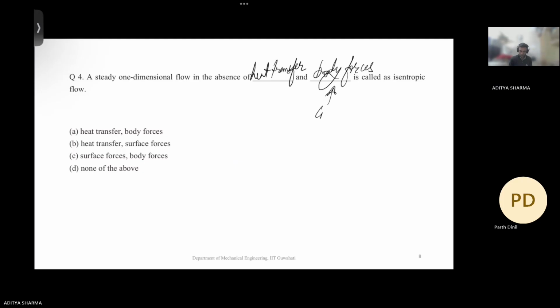So gravity, magnetism, okay, so forces acting by virtue of its body are what we call body forces.